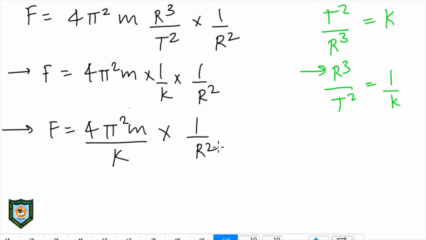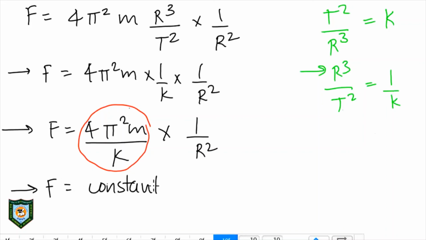That means mass is always going to be constant during the motion. And now we are left with Kepler's constant K, which is also another constant. So this particular term that we have here is going to be constant. So this implies F is equal to constant into 1 by r square.